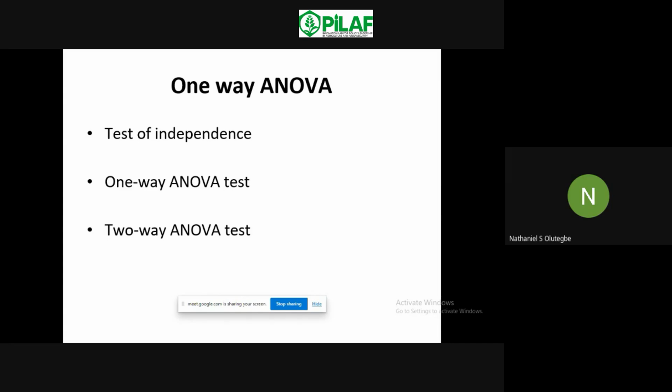I will be talking first about test of independence, after which I will talk about ANOVA. And so I'll be talking about both one-way ANOVA and two-way ANOVA together on the PowerPoint. Then we'll go to the script so that we'll see how that plays out on RStudio. So, test of independence.